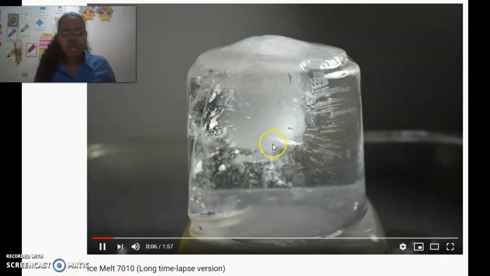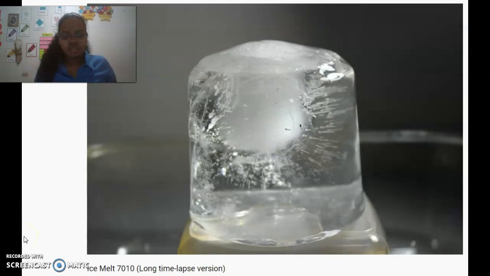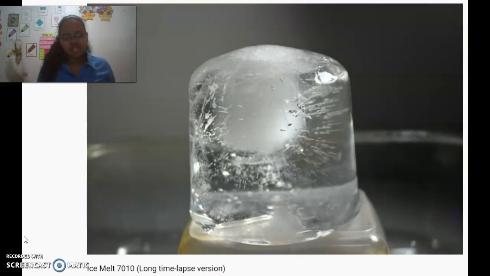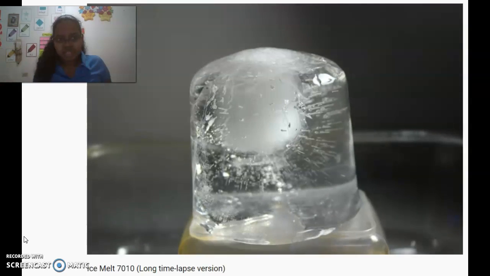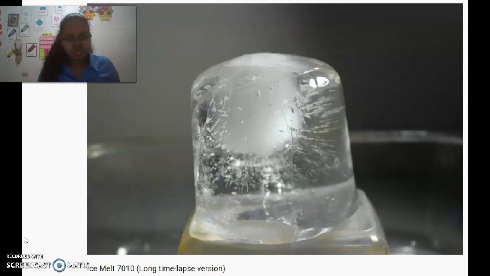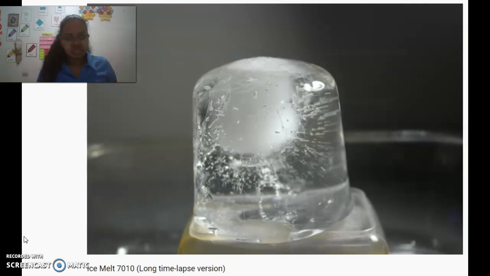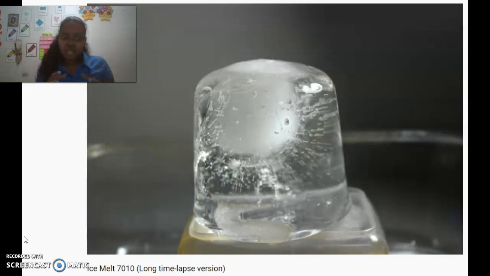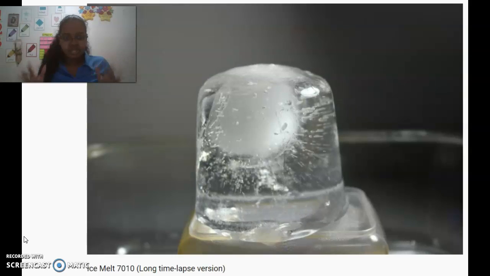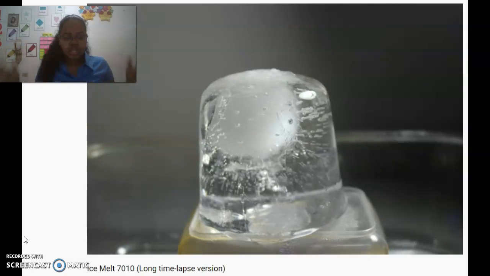Here we have one ice cube, and we are not seeing it, but this ice cube is melting because of the rays of the sun. This ice cube was big at the beginning, but now its size is smaller than at the beginning.